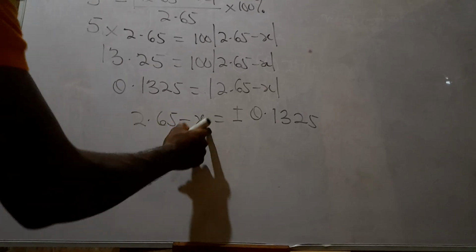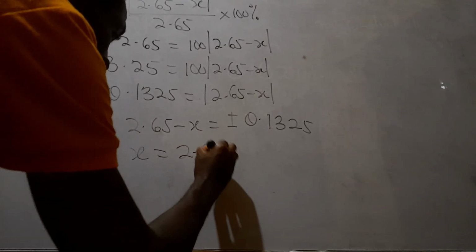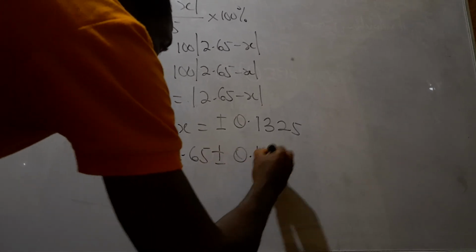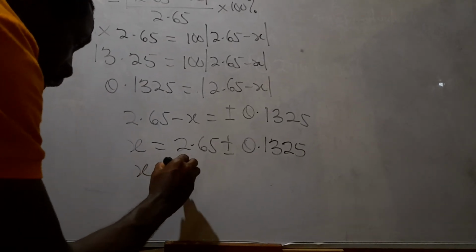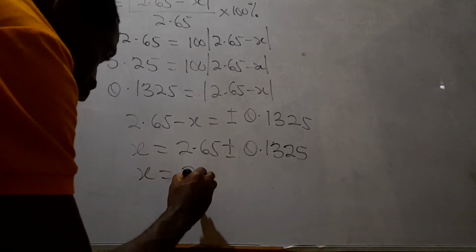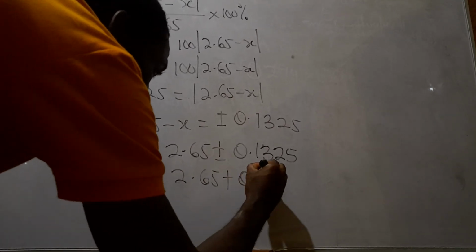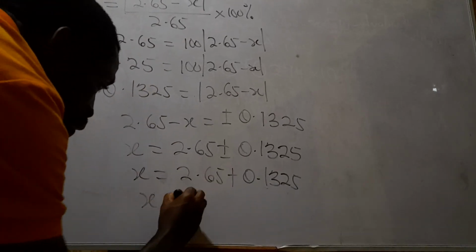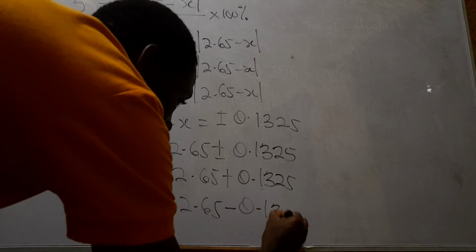So I'll make x the subject. Our x will be equal to 2.65 plus or minus 0.1325. So we take the positive aspect. We get x equal to 2.65 plus 0.1325, or x can be equal to 2.65 minus 0.1325.